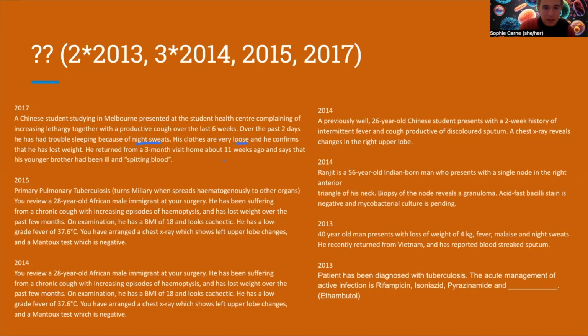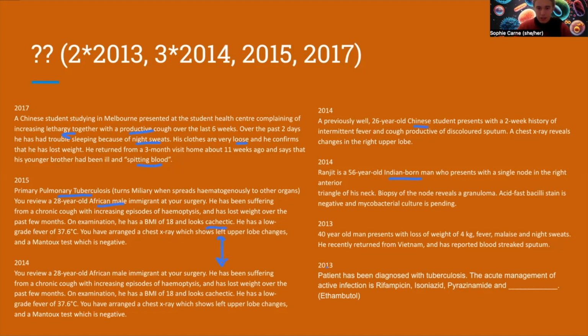Night sweats, weight loss, spitting blood, lethargy, productive cough, a Chinese student, Indian-born man. It says pulmonary tuberculosis here. That's very helpful. As you can see, they sometimes double up their question stems.